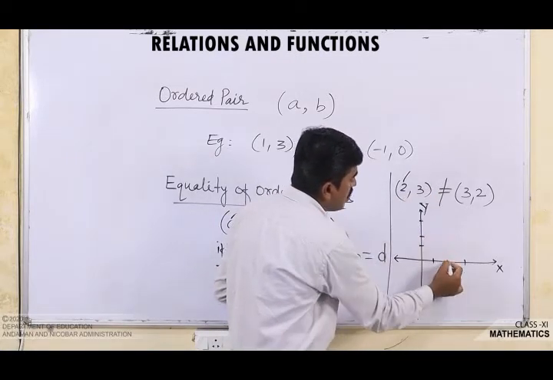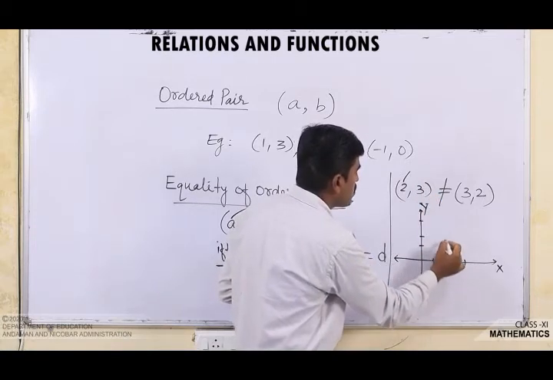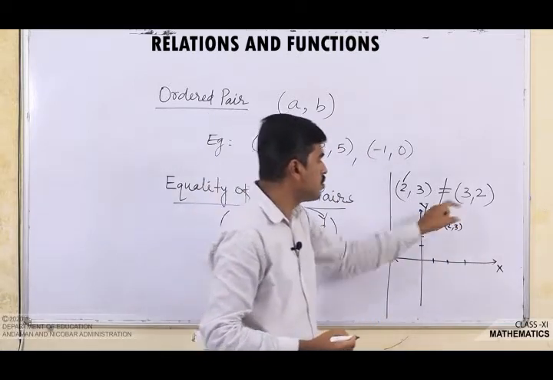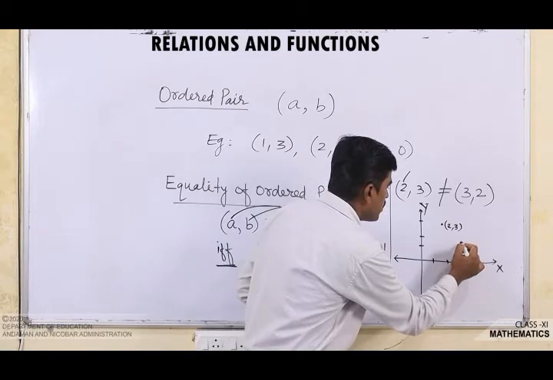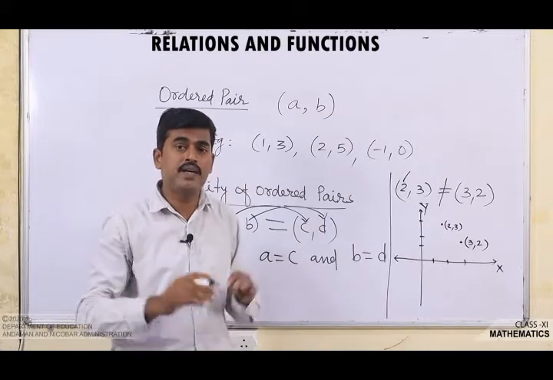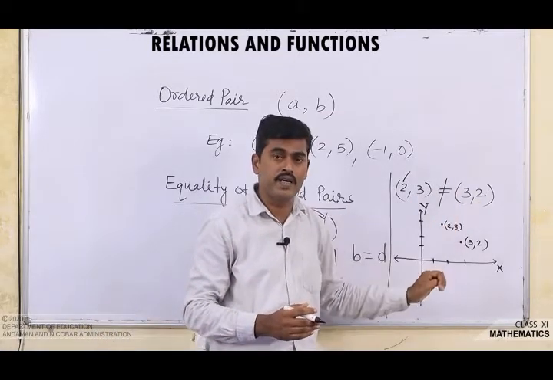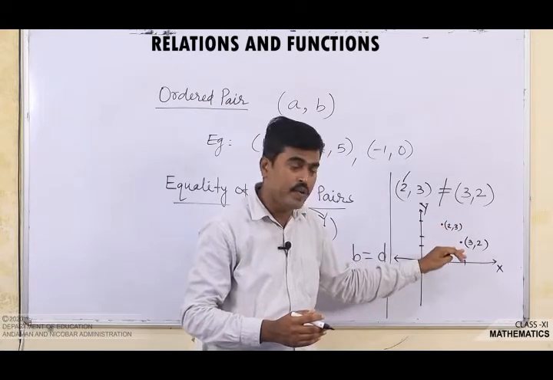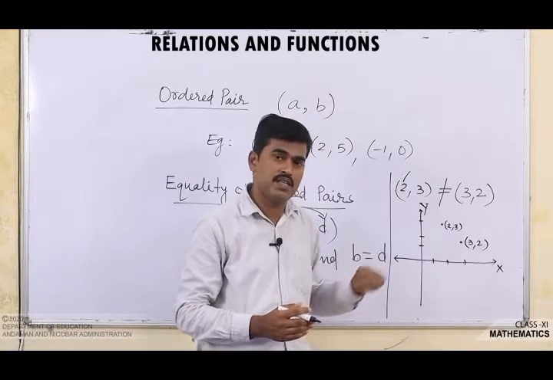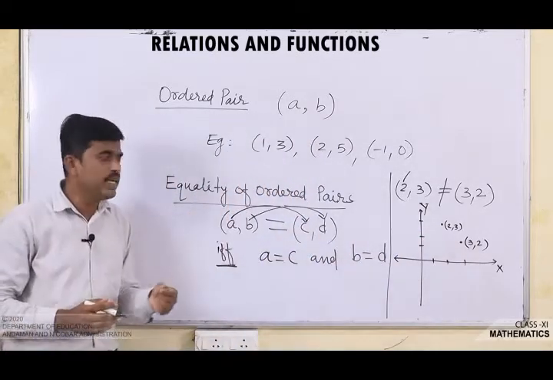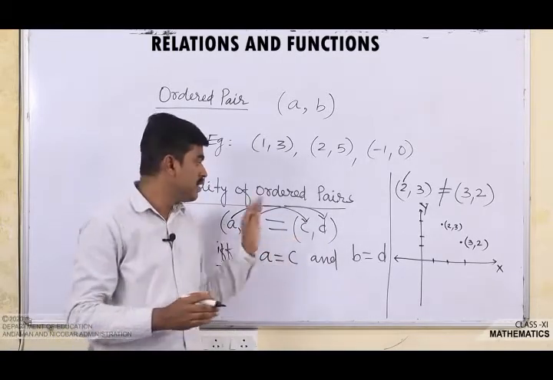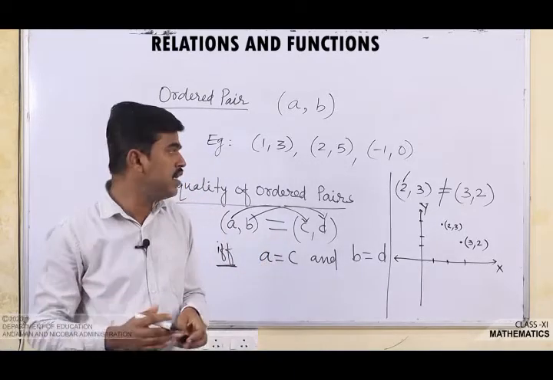Here the x coordinate is 2 and the y coordinate is 3, so this point represents 2 comma 3, whereas this is the point 3 comma 2. So these two ordered pairs are distinct, as we get two different points in the xy plane that you studied in class 10th also. So two ordered pairs are said to be equal if the corresponding entries are equal.